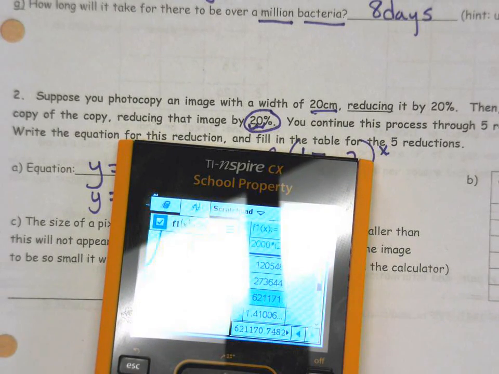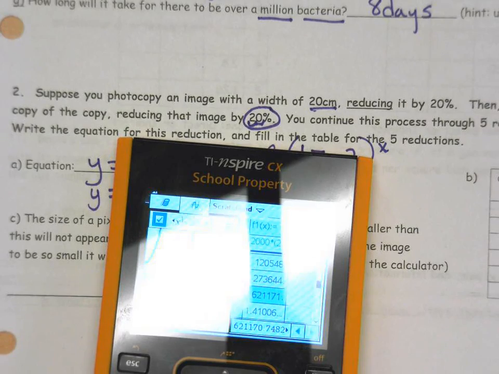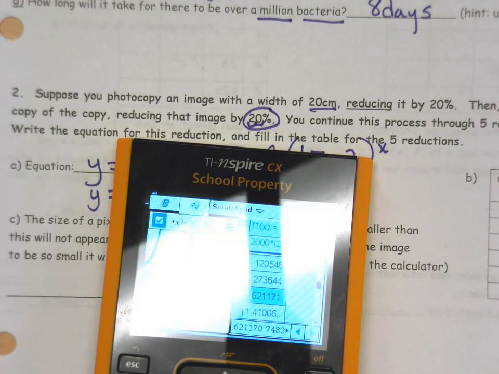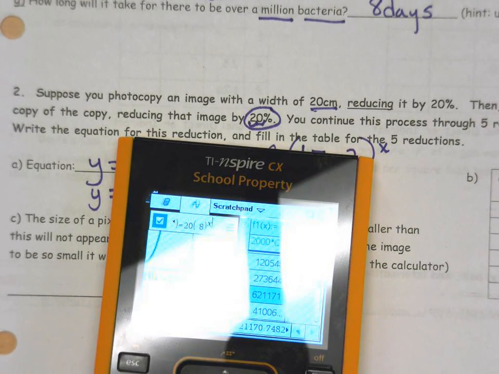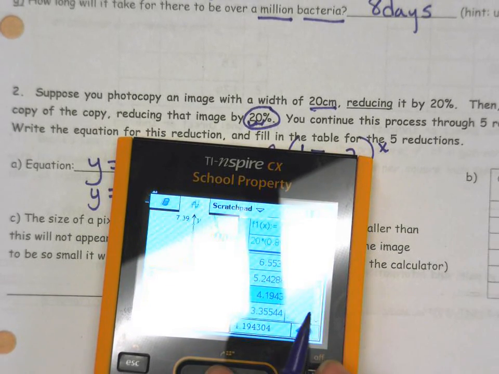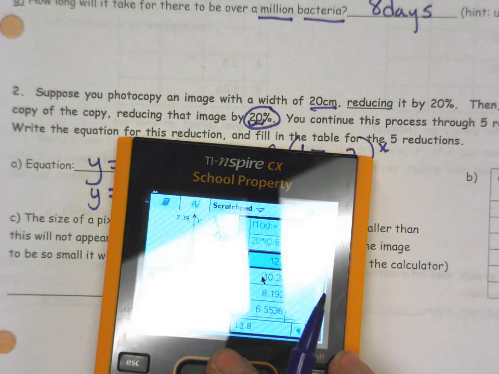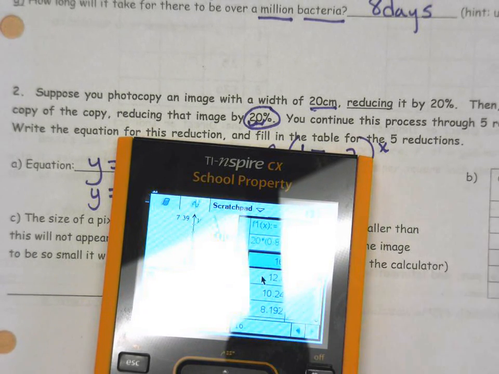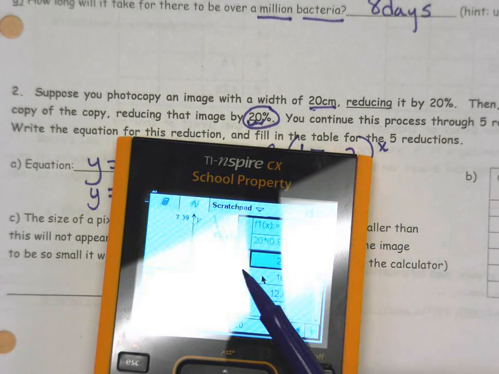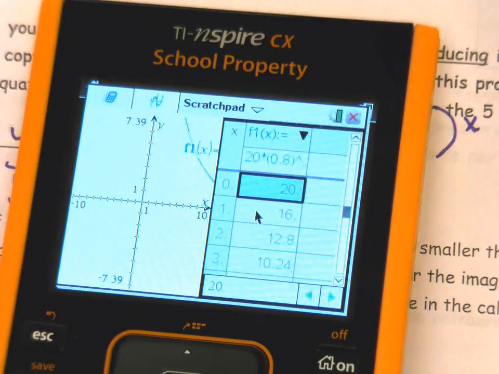And I want 20 parentheses and 0.8 in parentheses raised to the x power. Press enter. And now if I go over here, I can see that 0 is 20. I'll zoom in so you can see it.